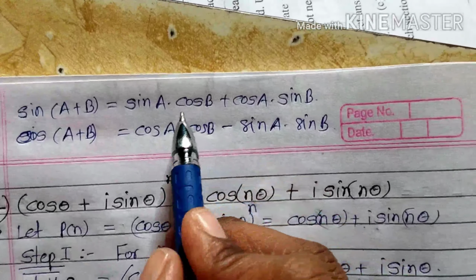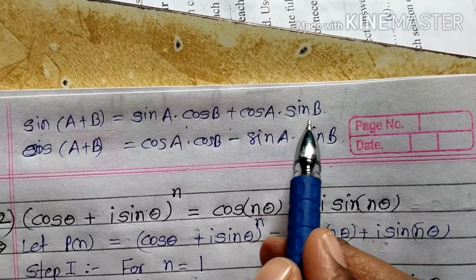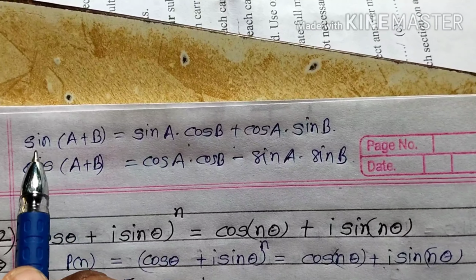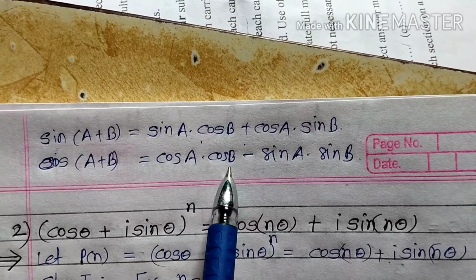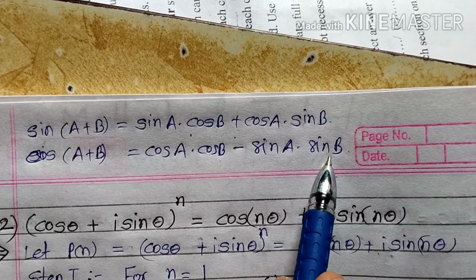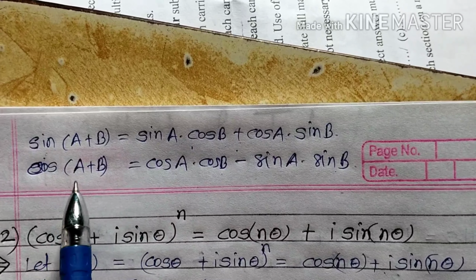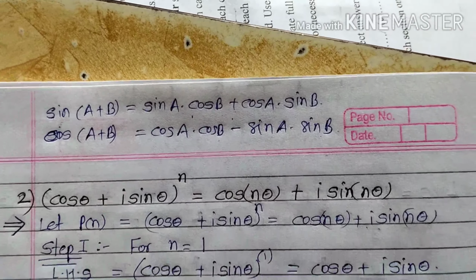Means what? If sin a into cos b plus cos a into sin b, then we take sin of the addition of these two angles. And if cos a into cos b minus sin a into sin b, then we take cos of the addition of these two angles.